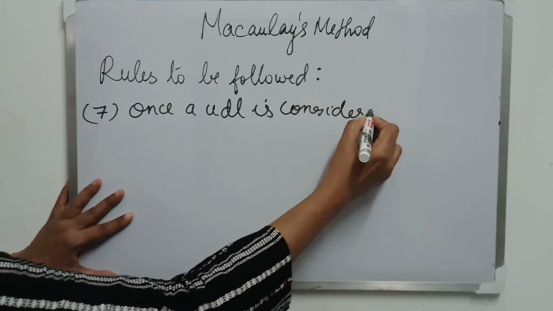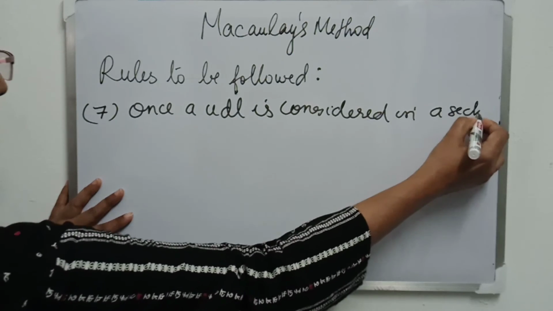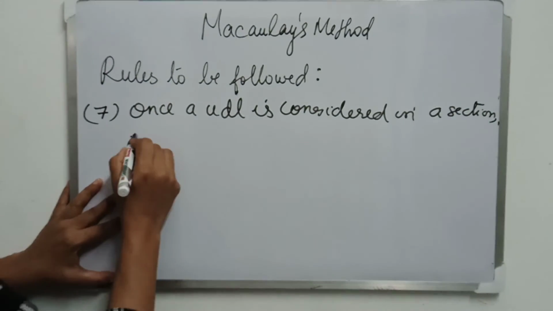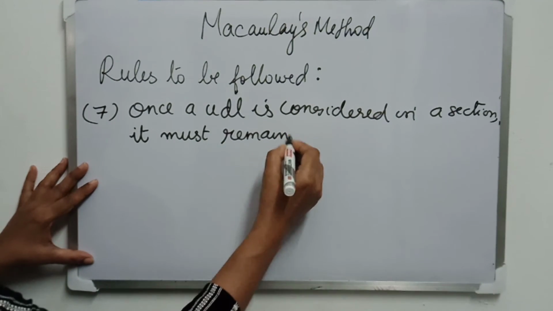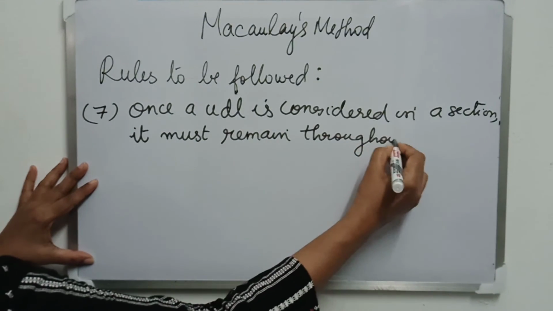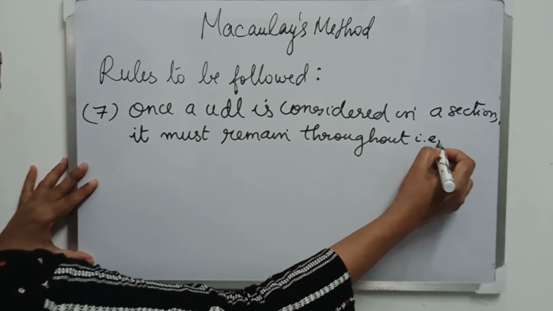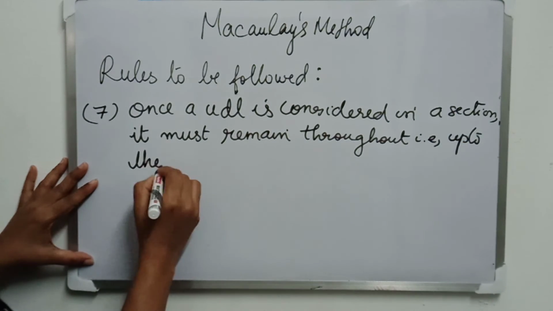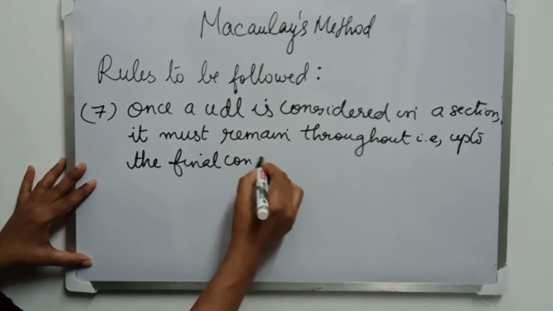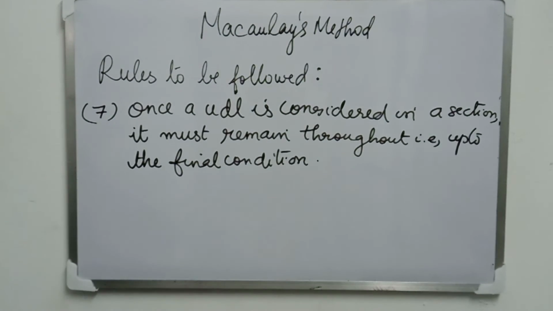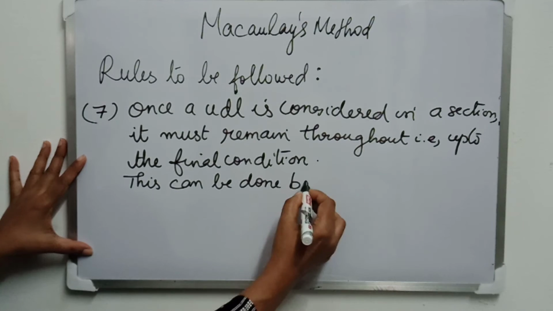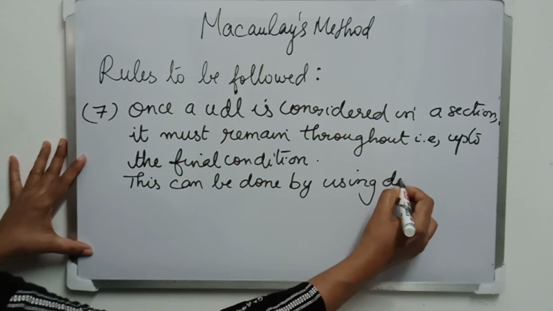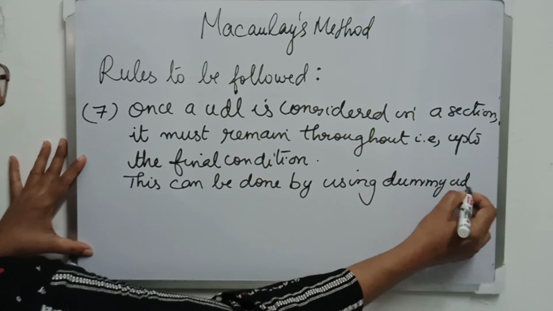It is regarding UDL. Once a UDL is considered in a section, it must remain throughout till the end, that is up to the final condition. And this can be done by using dummy UDLs.